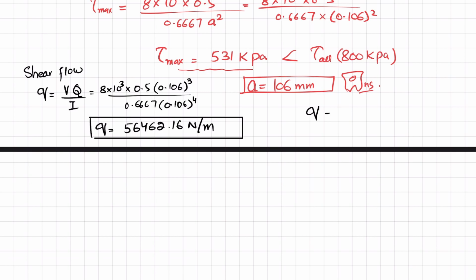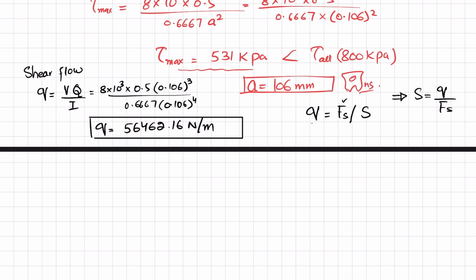Now you have this shear flow, so you can calculate the spacing, because we know that shear flow is also equal to horizontal shear into the spacing. So from here, the spacing S will be equal to Q divided by Fs. Shear flow Q per unit length is not that, let me correct it. It is Fs over S, the horizontal shear force per unit length.